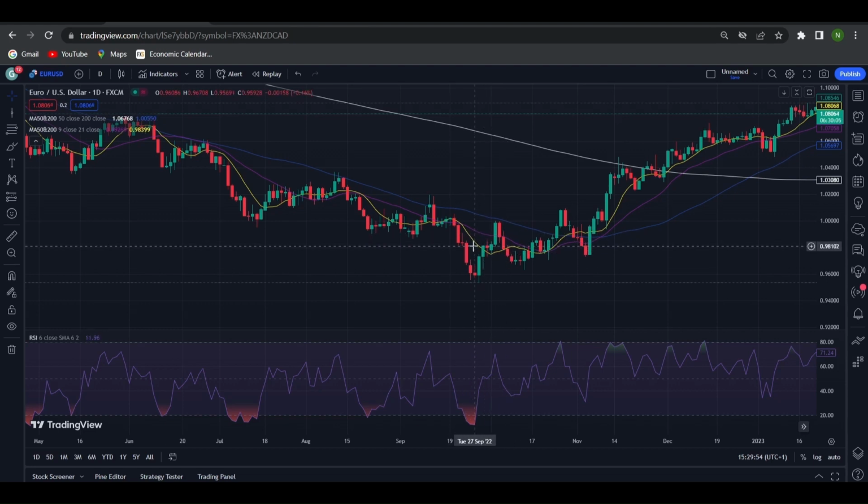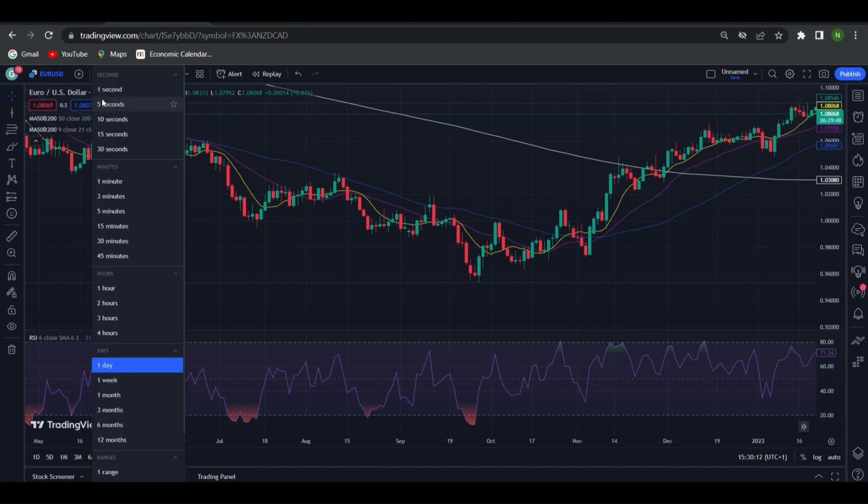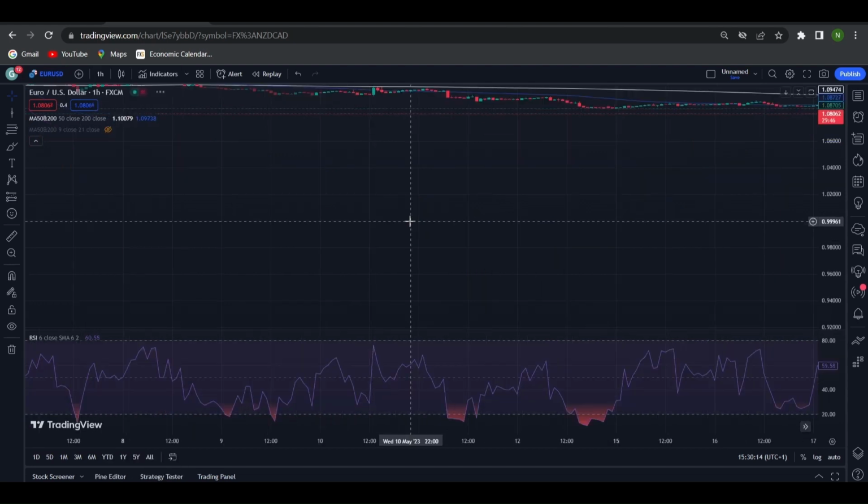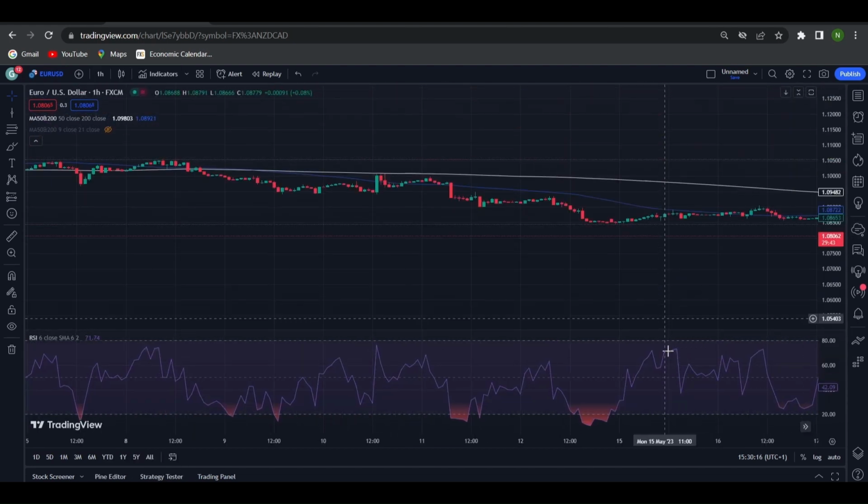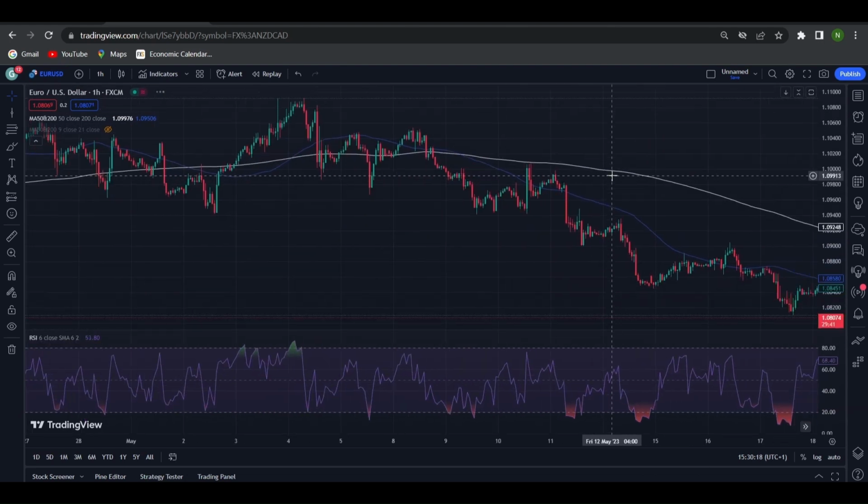So the short term is the yellow, which is the 9, and the 21 is the long term for the daily. And when the yellow, or the short term moving average, is beneath the purple, it means that we are in a downtrend. And if the short term is beneath the long term on the hourly as well, we should be looking to get into a trade for a short or selling position.